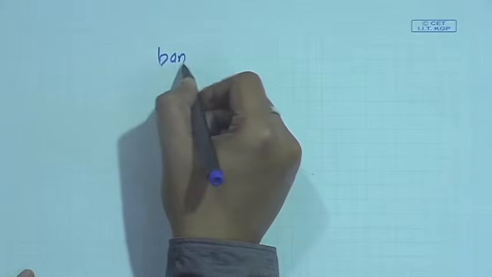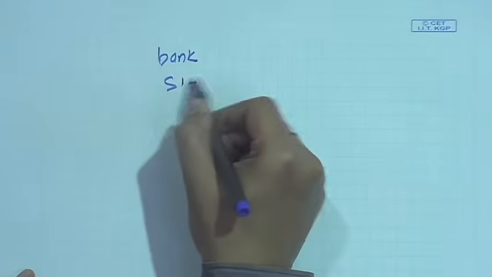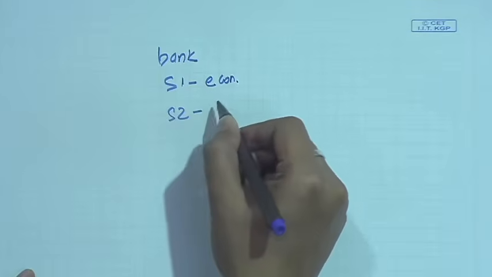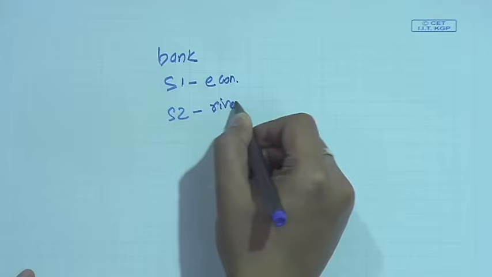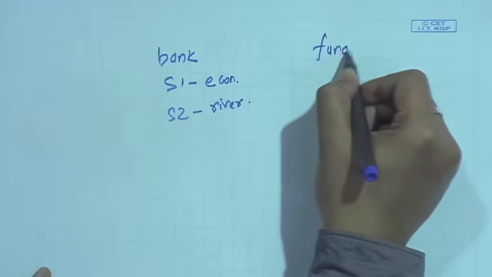So for example, there is a word bank. Sense one is in the sense of economics, and sense two is like river bank. Then I have another word, fund.